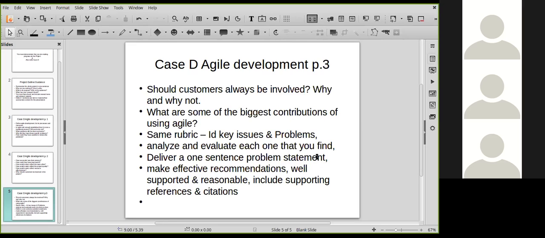And then once you've done that, pick something that you're going to work on, that's your problem statement. Make some good, effective suggestions and recommendations. Explain why, how, when that would work, why you chose those, and why you chose those particular solutions instead of some other ones. Go ahead and be clear, and always include supporting references and citations, okay? So that's your agile development case.